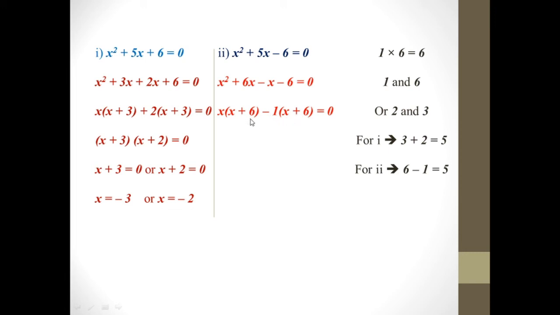Now again we get x plus 6 as common, and x minus 1 as the second factor, equal to 0. Then we split the equation into two separate equations, that is x plus 6 equals 0 or x minus 1 equals 0. Taking the first equation to be true, we get x equals minus 6, and taking the second equation to be true, we get x equals 1.